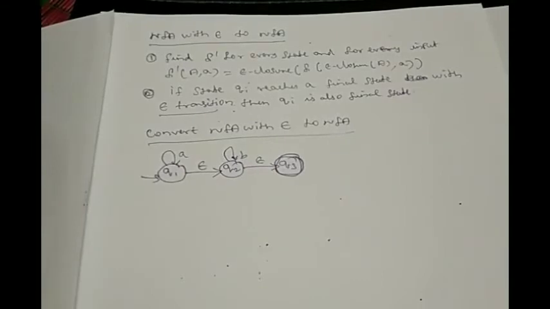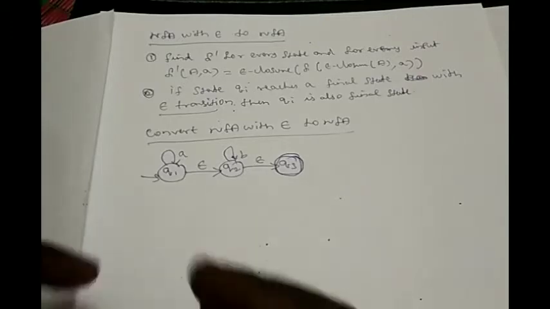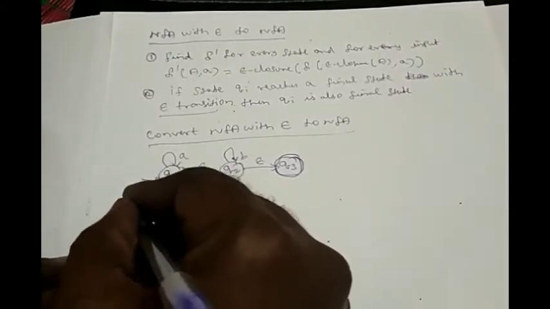So what is the step we are supposed to do? The algorithm says that in the first step you are supposed to find delta dash for every state and for every input. What is every state here? We have 3 states, Q1, Q2 and Q3, and now I find delta dash.